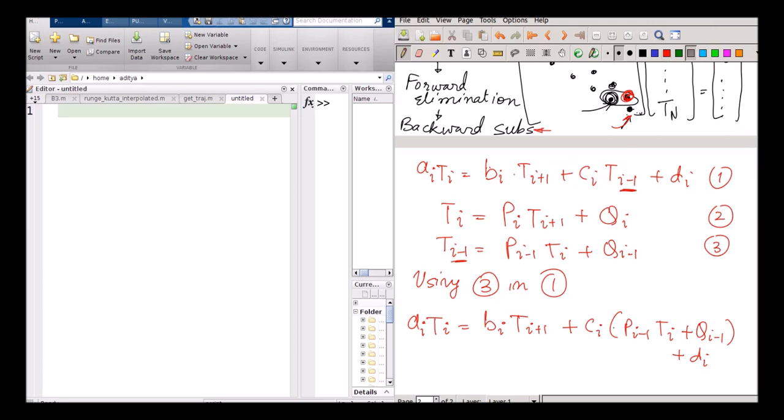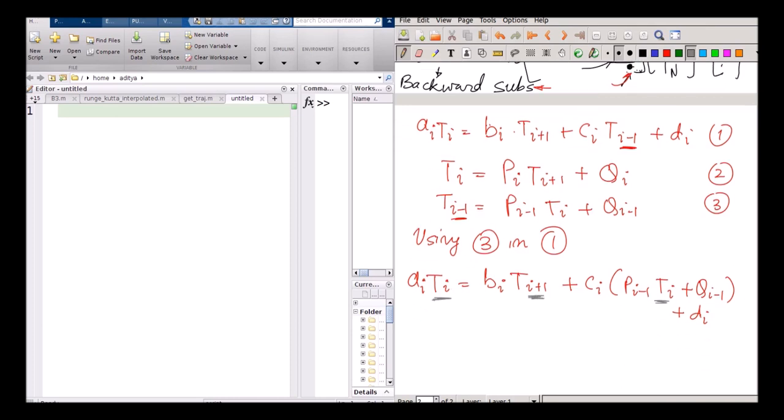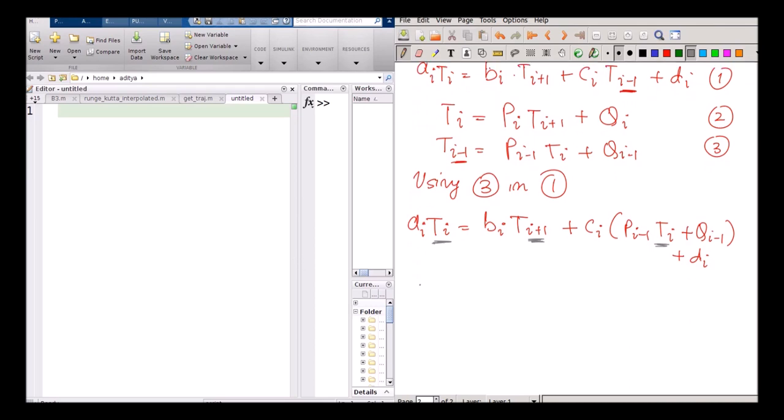Let me combine the Ti term appearing over here and keep the Ti plus 1 over here. So I obtain Ti Ai minus Ci Pi minus 1 is equal to Bi Ti plus 1, which is this term, plus Ci Qi minus 1 plus Di.